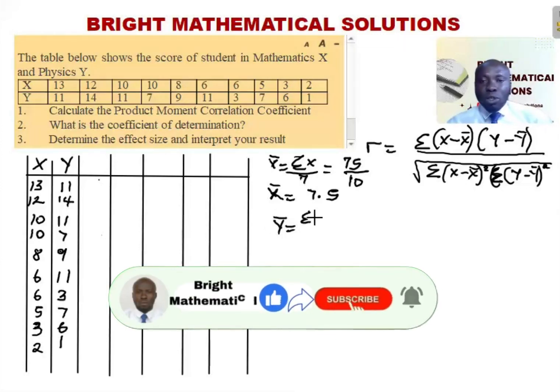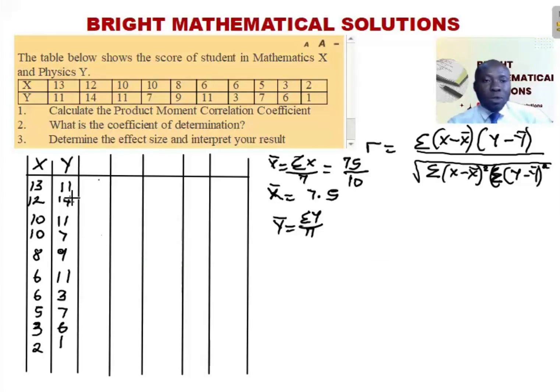That will be summation Y divided by N. So let us calculate what we have here. 11 plus 14 is 25. 25 plus 11 is 36. 36 plus 7 is 43. 43 plus 9 is 52. 52 plus 11 is 63. 63 plus 3 is 66. 66 plus 7 plus 6 plus 1 makes 80.